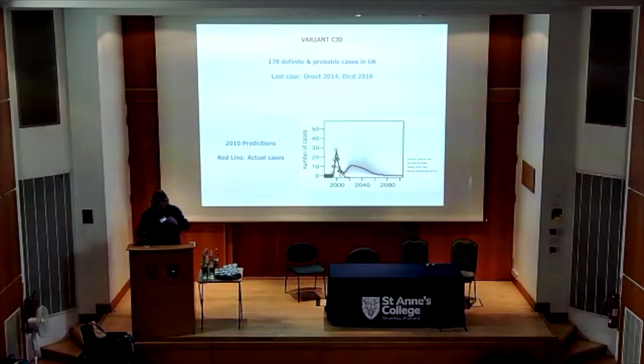Now, so far, we've seen only 178 definite and probable cases of variant CJD in the UK. The last case had onset in 2014 and died in 2016. And of course, it's a tragedy for all those people involved, but given the level of exposure of the population, it is actually very happy that we've not seen more cases than this.